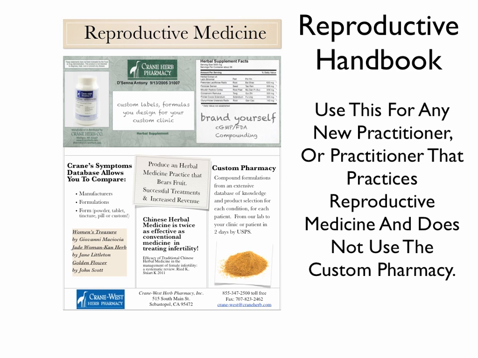So a lot of those practitioners end up wanting to use the custom pharmacy. But if not, if you look on that left-hand side, it talks about Women's Treasure, Jade Woman, and Golden Flowers, products that are specifically geared towards reproductive medicine.